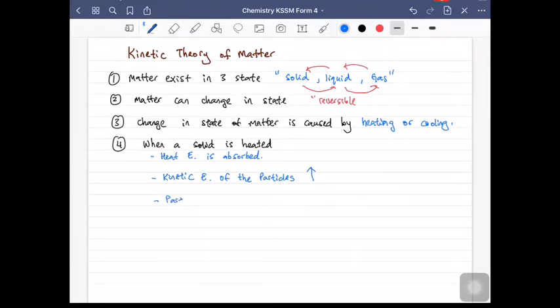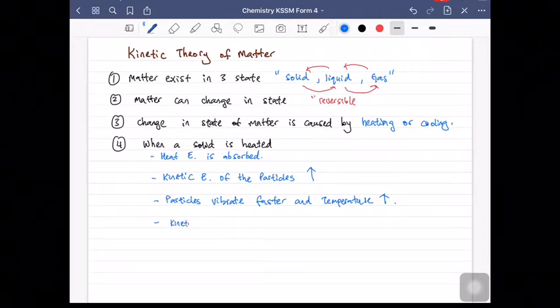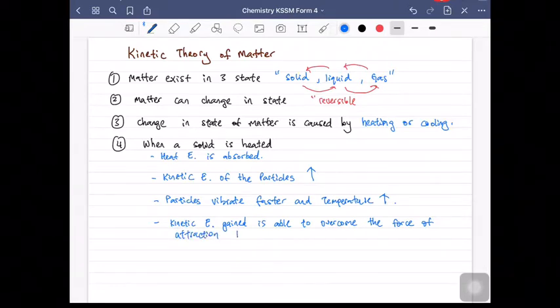After that, the particles vibrate faster and temperature increase until the kinetic energy gain is able or sufficient to overcome the force of attraction between particles.